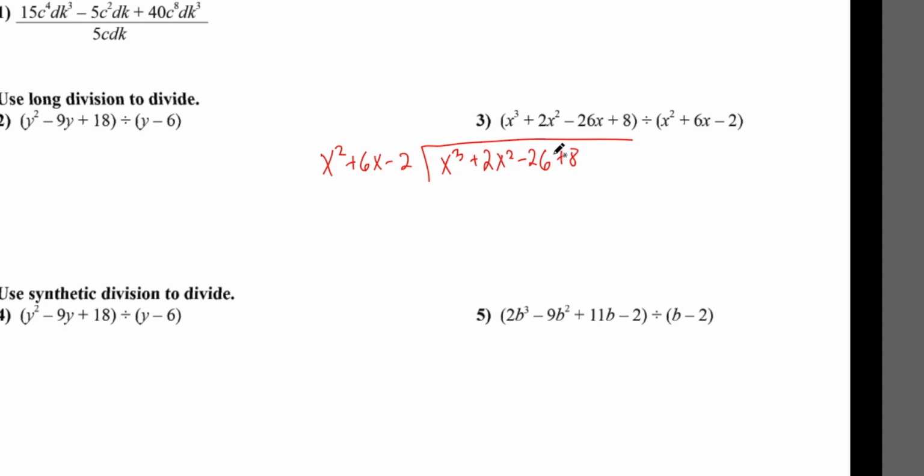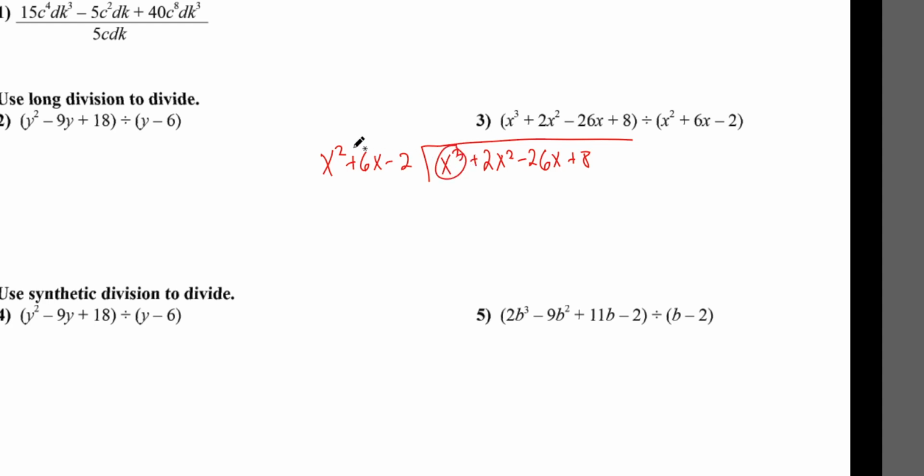Because look, I got an x squared and x cubed, x squared, x, and a number, so I'm good as far as that. I didn't have to fill in anything here as well because I got a y squared and a y, all right?